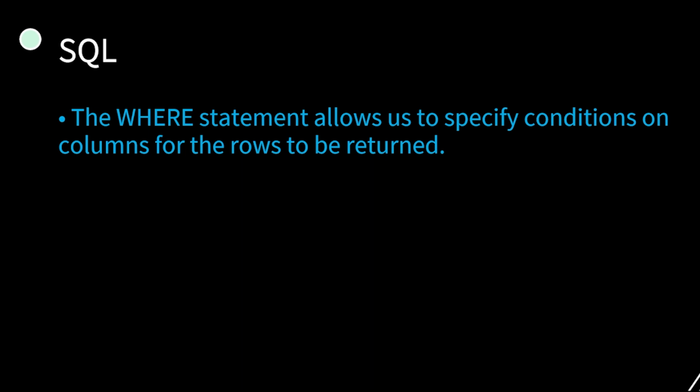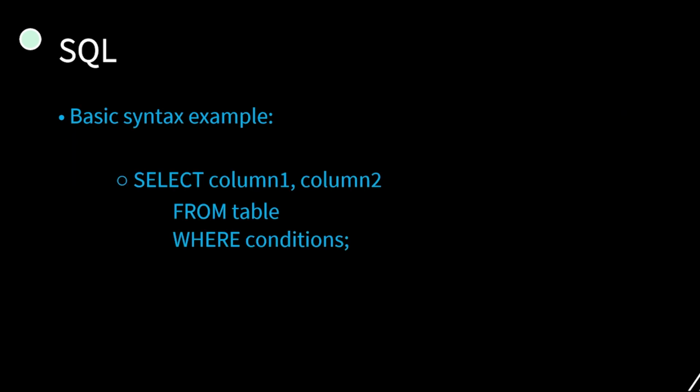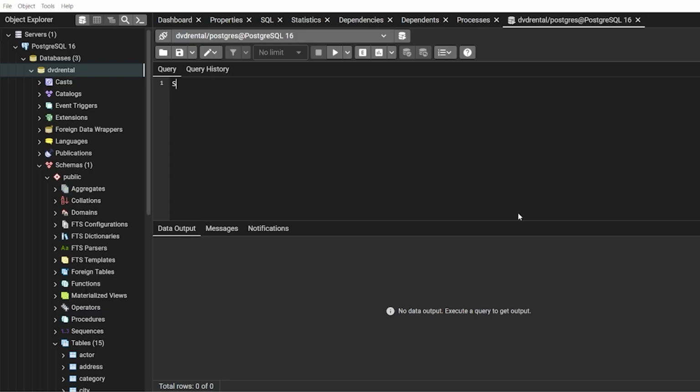Now the basic syntax of the where statement is select column 1, column 2 from table where condition. You can select multiple columns, column 1, column 2, column 3, like this, from the table of your choice.